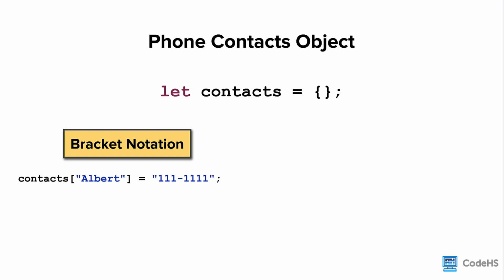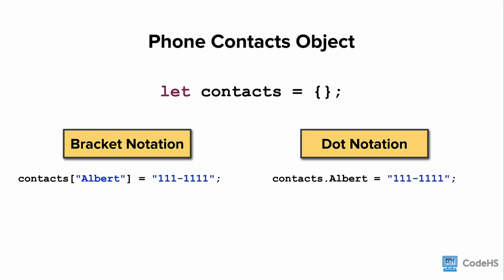Pretty easy. That key value pair of Albert as the key and his number as the value is now in the contacts object. We can do the same with dot notation. We'd write contacts dot Albert, no quotes, equals his phone number in quotes. This does the same thing as the bracket notation, but only requires the dot instead of the brackets and quotes.